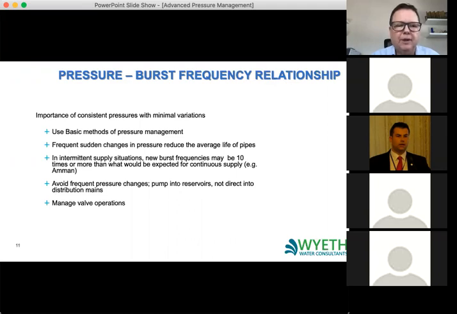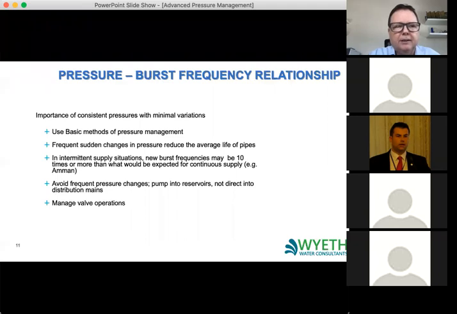You still have the issue of pumps. Pumps are one of the key factors for inducing transients into your network. And so it's very important to have some surge protection in your pipelines, for example, a surge tank or a surge valve. Both of those will be able to help you to reduce the effect of transients in your network.